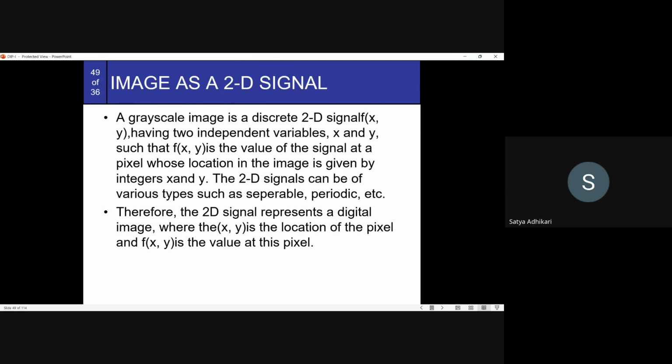A 2D signal represents a digital image where (x,y) is the location of the pixel and f(x,y) is the value of the pixel. A grayscale image is a discrete 2D signal. A 2D signal can be of various types, such as separable and periodic, but most important is that it contains two things, (x,y) and f(x,y), so that is why it is a 2D signal.